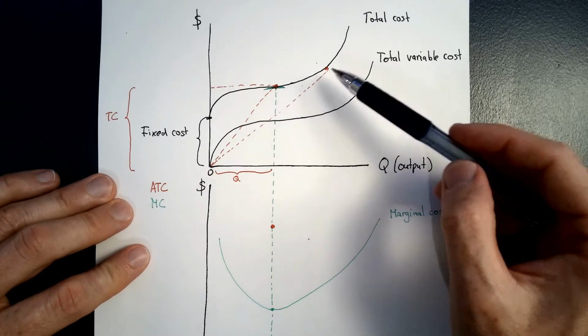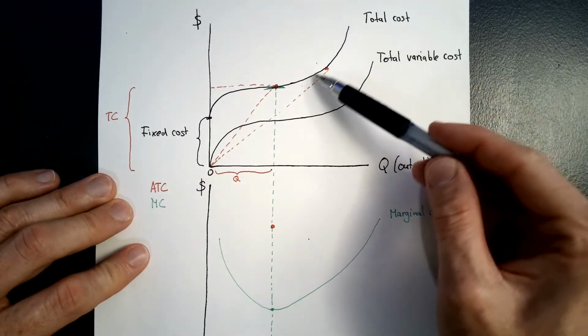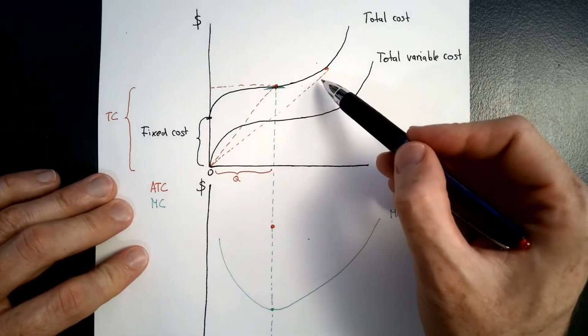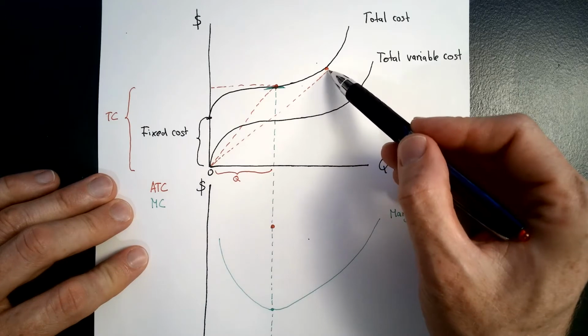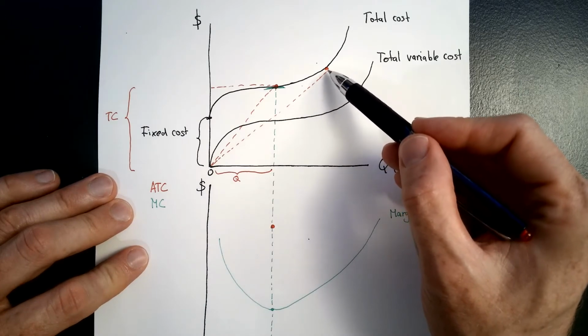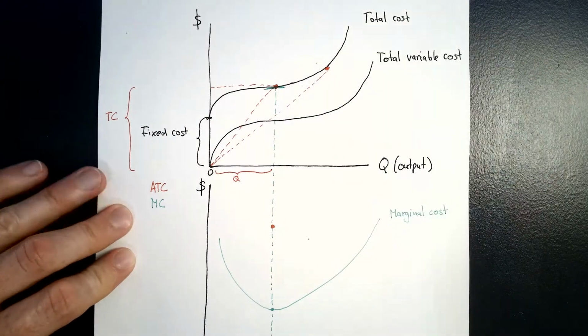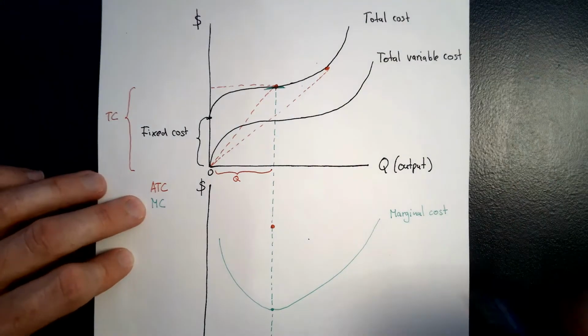But you will see that there is no other point on this total cost function which you can connect to the origin that is going to give you a lower, or a smaller slope. So what this means is that at this point here, the average total cost is minimized.